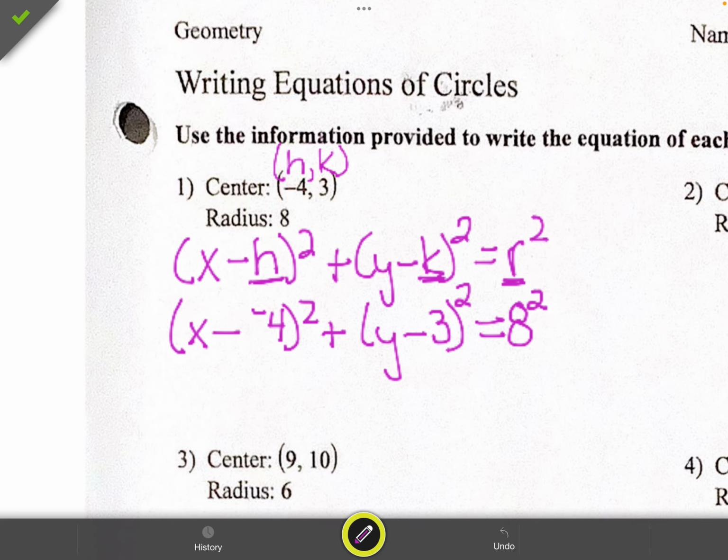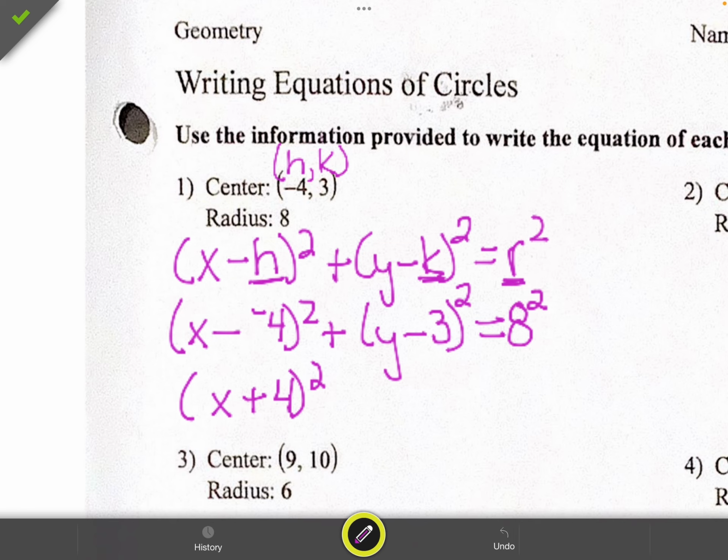Now, the only thing we will have to do is simplify. In other words, if you see a minus negative, or we also need to square out our radius. So I have x minus negative, so I need to do a rewrite on that because that's not what we call simplest form. So minus negative becomes plus a positive.